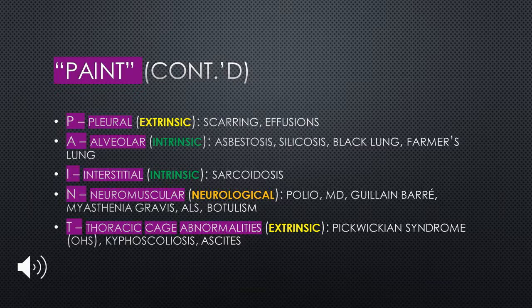Because now your tissue is less pliable. Interstitial, also intrinsic, like sarcoidosis, which we talked about, with some pictures. Neuromuscular, we just covered. So polio, muscular dystrophy, Guillain-Barré, myasthenia gravis, ALS, botulism. And then last, the thoracic cage abnormalities, which are extrinsic. They're the thoracic bellows. So you've got obesity hypoventilation syndrome, kyphoscoliosis, and we also mentioned things like ascites.